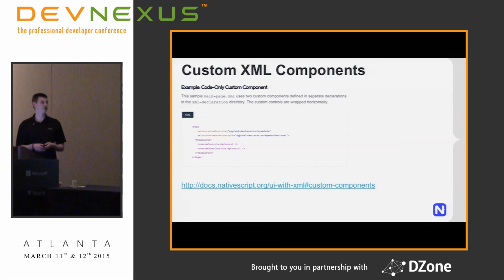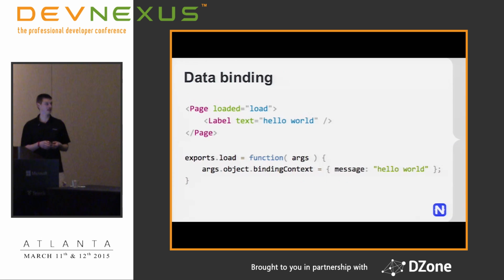And it means that you can also create and register your own components for use in XML. So if you find one of these tags that you want to use as part of your app that NativeScript doesn't yet have an implementation for, it means you can go in, create an implementation using the NativeScript runtime, and have a tag that you can use as part of your UI. The other thing cool about the NativeScript XML structure is that you can use data binding as part of it.